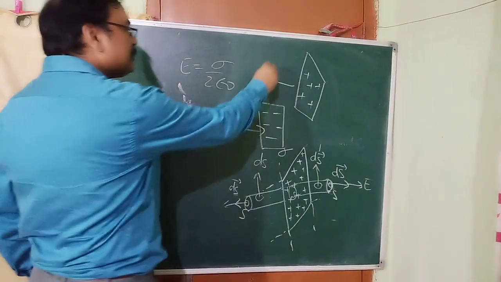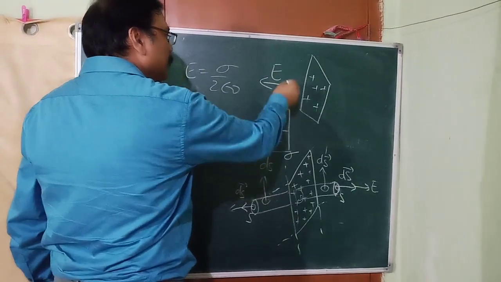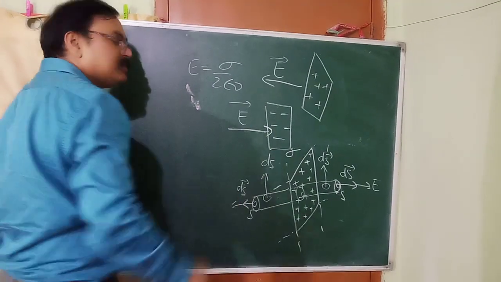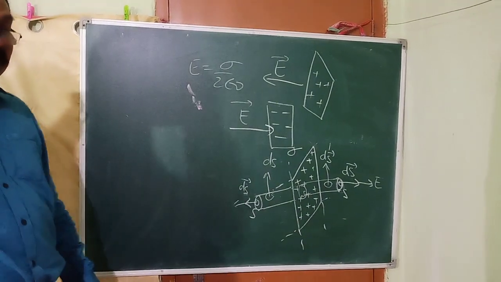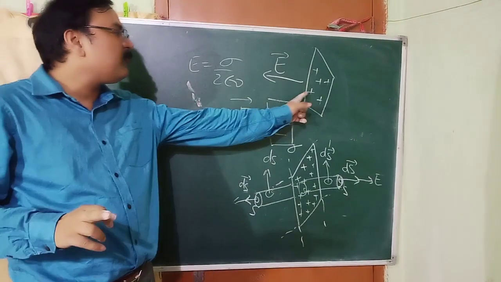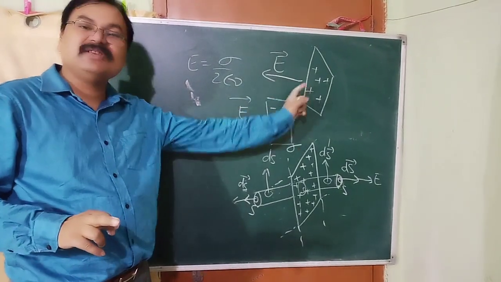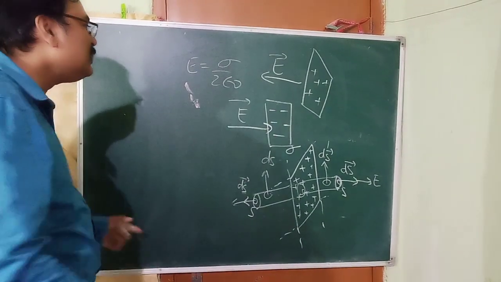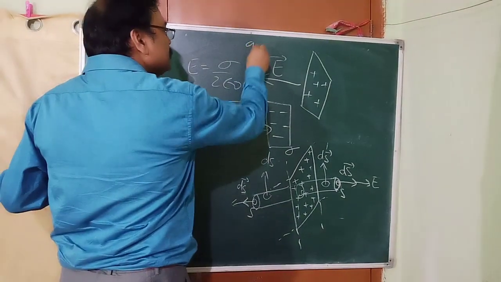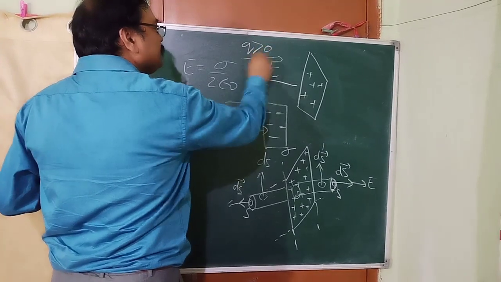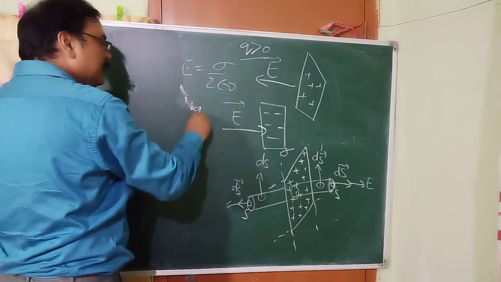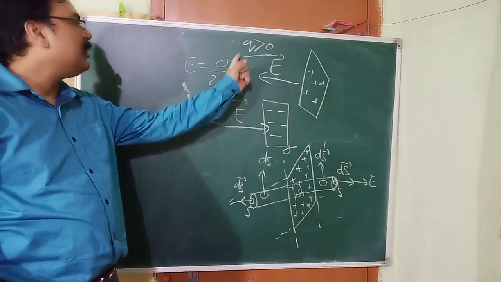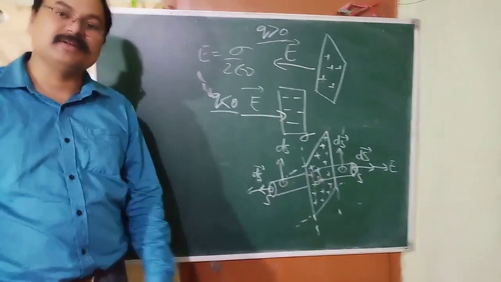Again I am repeating, the direction of electric field is away from it if it is positively charged, and towards it if it is negatively charged. Or you can say this is there when Q is greater than 0, and this is there when Q is less than 0. Less than 0 means charge is negative, greater than 0 means charge is positive.